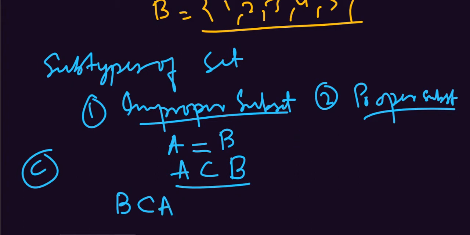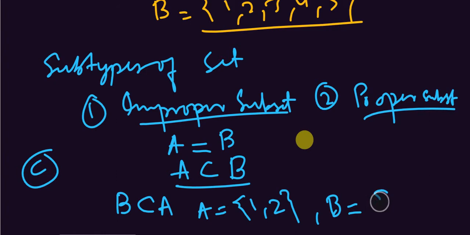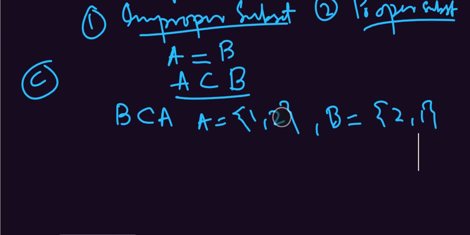We can also write, for example, A is 1 comma 2 and B is 2 comma 1. These are both equal, so A is an improper subset of B and B is an improper subset of A.